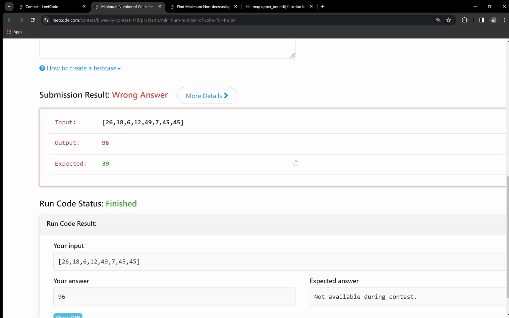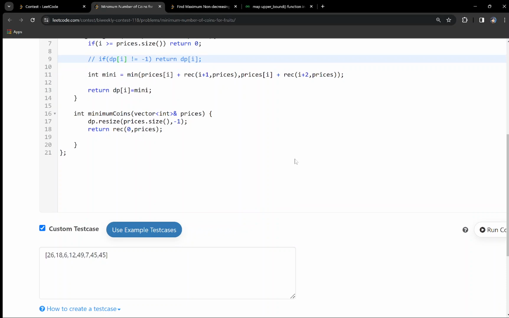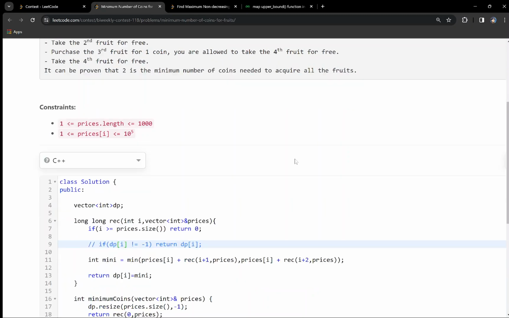So if we purchase it, we can directly jump to this. Or if we purchase, you have to purchase the first, right?